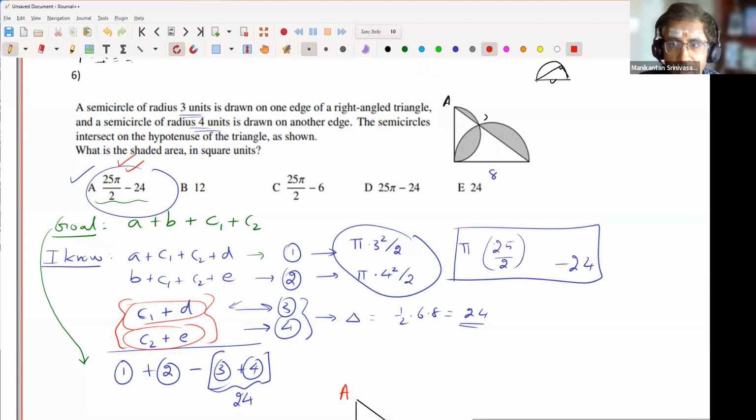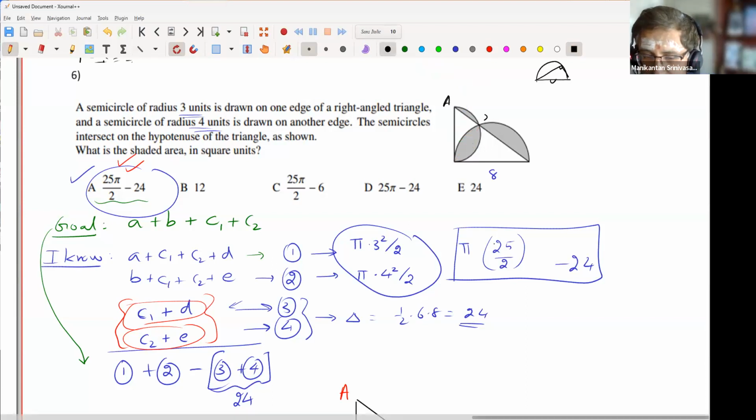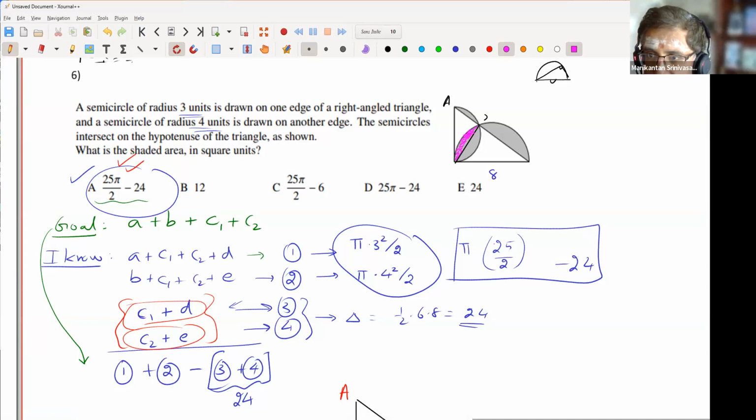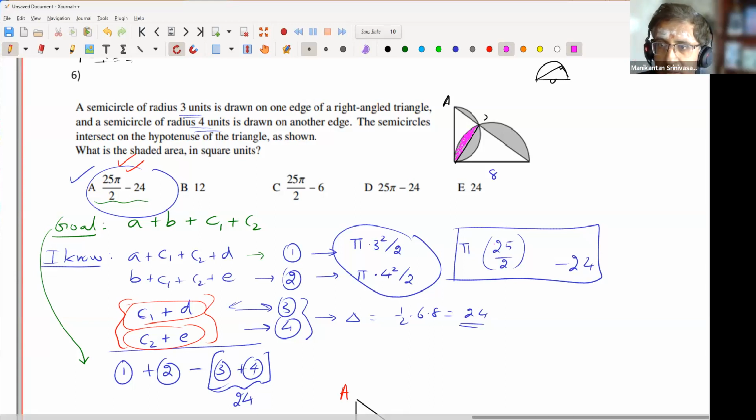So suppose I have another diagram where this part is drawn and my shaded region is just this pink region alone. Can you guys find the shaded region? Okay, just find the pink region, nothing else.